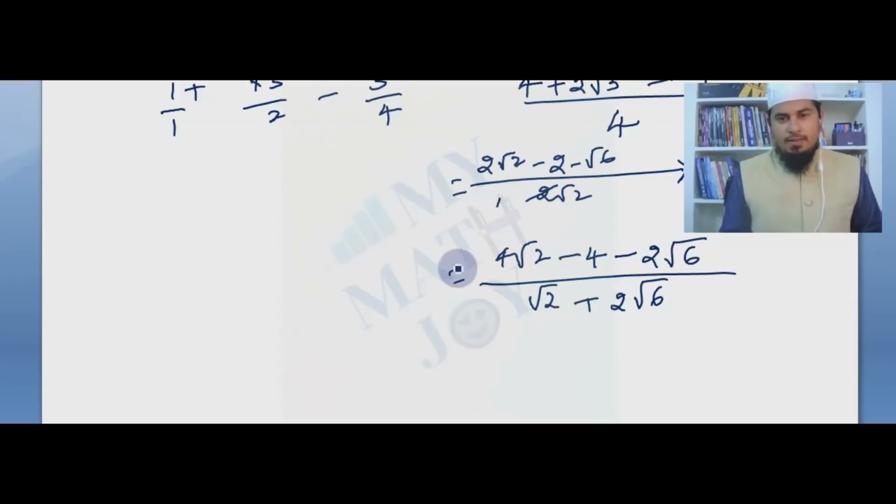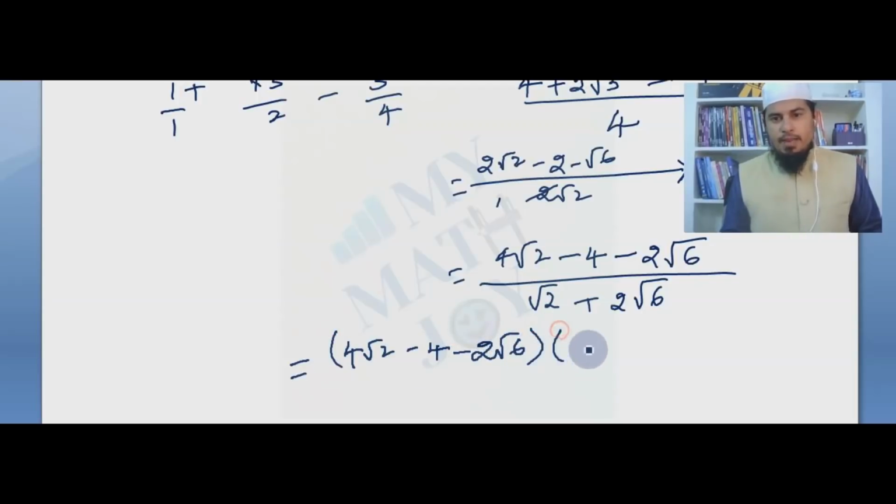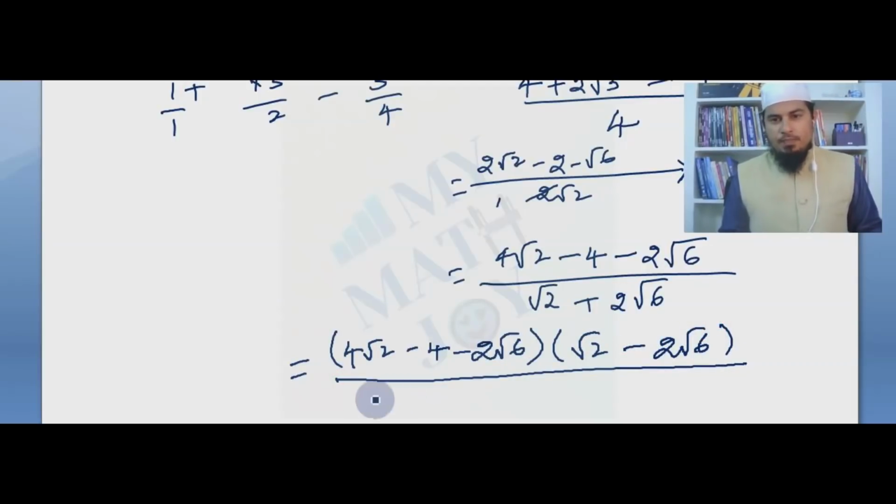Let us go to rationalize the denominator. Okay, I'm going a little bit here now. 4 root 2 minus 4 minus 2 root 6 is multiplied with the conjugate. Just before we have seen the conjugate to be multiplied. Why?